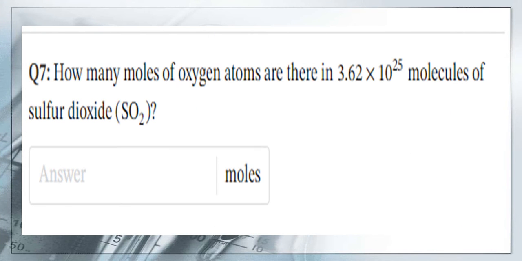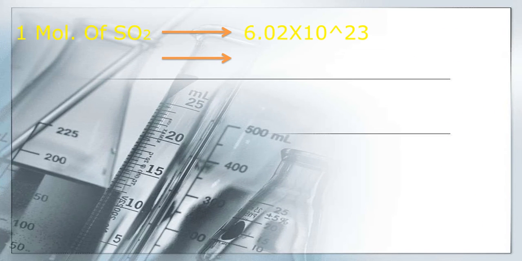Question number 7. How many moles of oxygen atoms are there in 3.62 times 10 power 25 molecules of sulfur dioxide, SO2? Let's discuss. 1 mole of any substance contains 6.02 times 10 power 23, Avogadro's number. So what is the number of moles that gives 3.62 times 10 power 25?